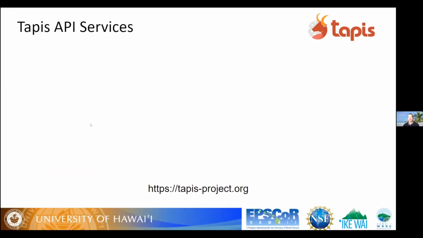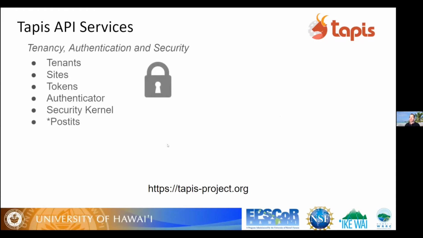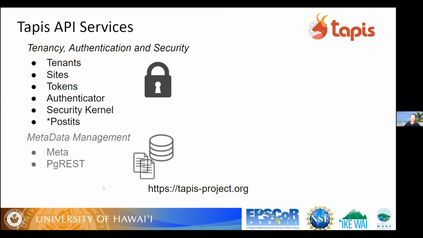TAPIS essentially has a number of API services that fall into four categories. The first has to do with authentication and security. Everything that you do is authenticated and checked so that there are the right authorizations and roles on the different services and objects that you manipulate in TAPIS. There are metadata and management APIs.